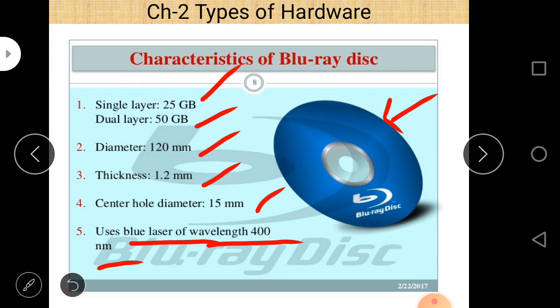Center hole diameter is 15 millimeter. It uses a blue laser of wavelength 400 nanometer, nm refers to nanometer here. So these are some characteristics of Blu-ray disc. Again, single layer 25 GB, dual layer 50 GB, diameter 120 millimeter, thickness 1.2 millimeter, center hole diameter 15 millimeter, and they use a blue laser of wavelength 400 nanometer. That's why they are called the Blu-ray disc.